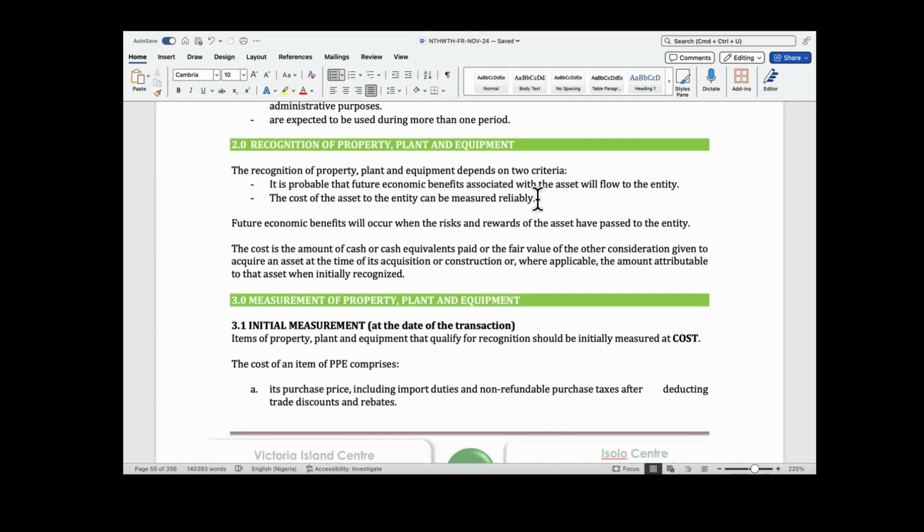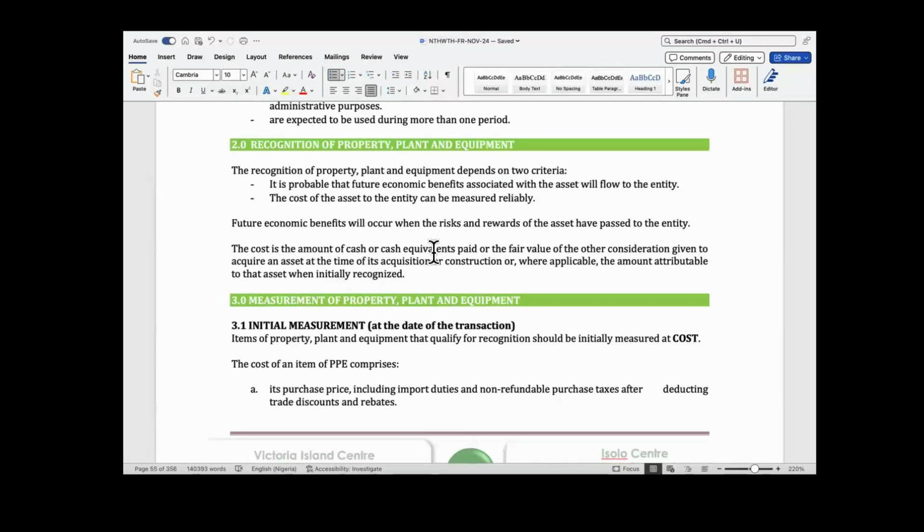When these two are present, that this item will make money for you, save you some costs, or improve your operations, it will generate future economic benefit. And it must have a cost that can be measured reliably, either by knowing how much you bought it, or knowing the market value of that item today. When these two conditions exist, please go ahead and recognize that item in your books.